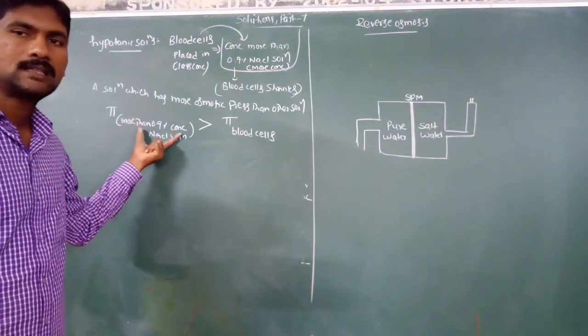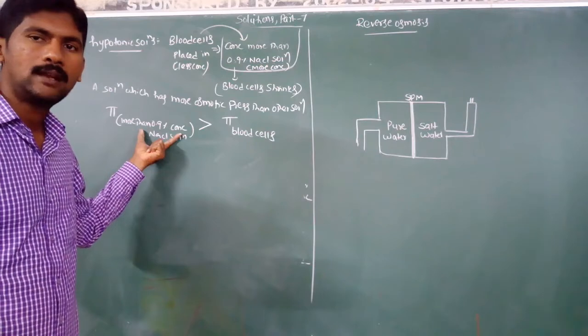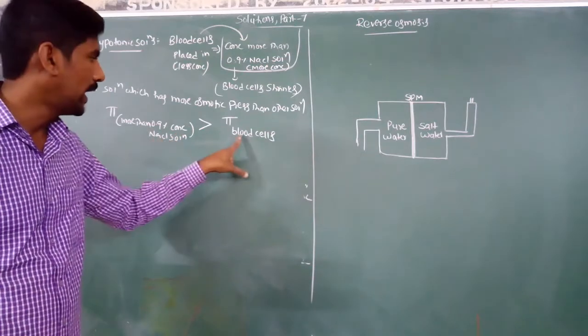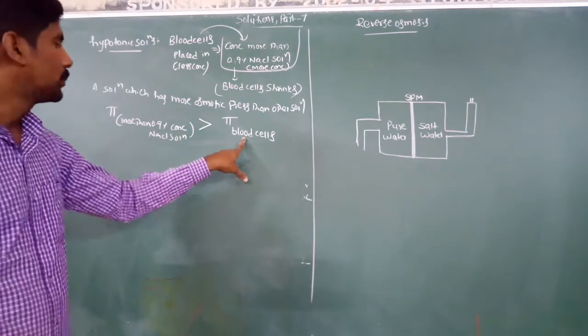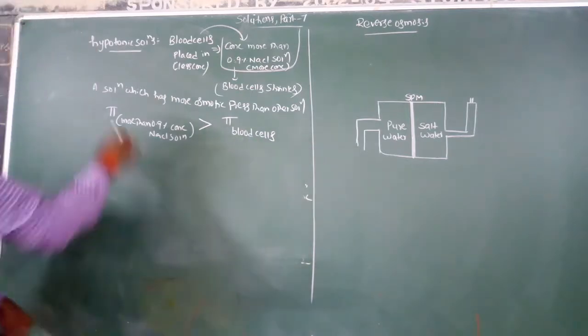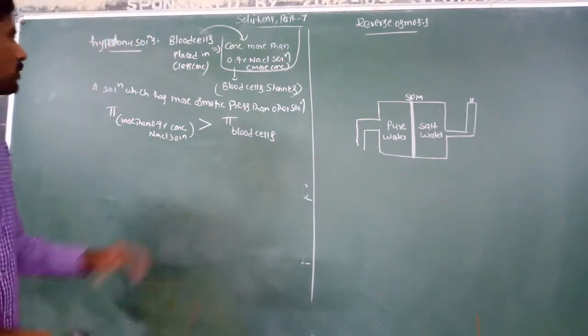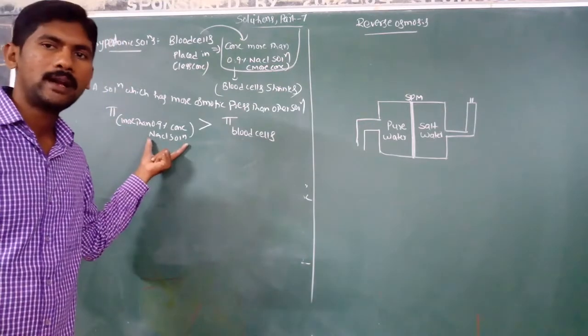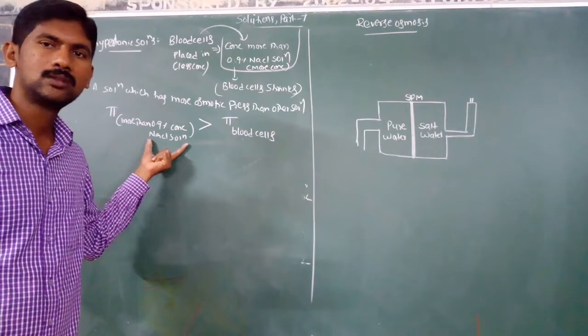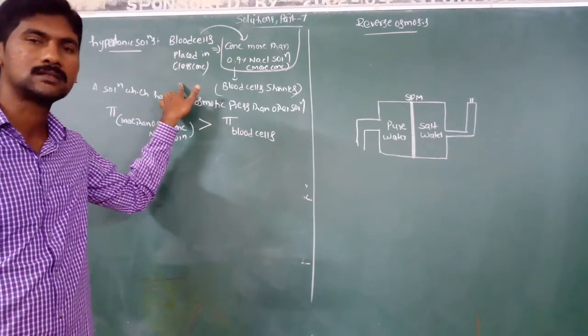So if a concentration more than 0.9% NaCl solution is hypertonic to blood cells, not hypotonic, hypertonic solutions.